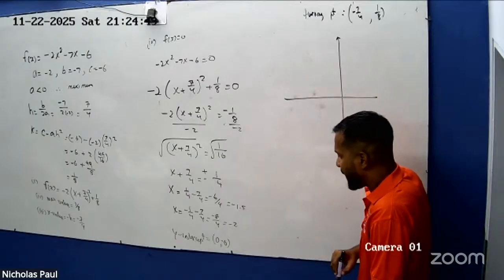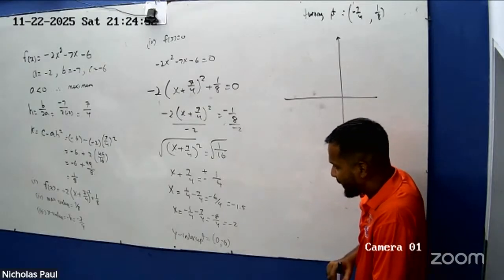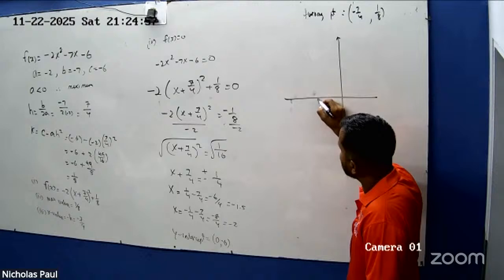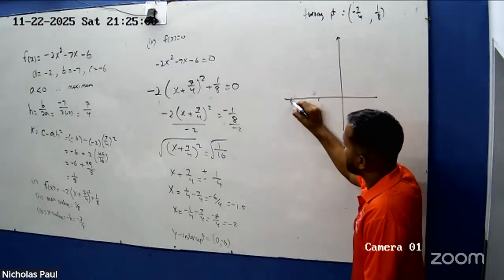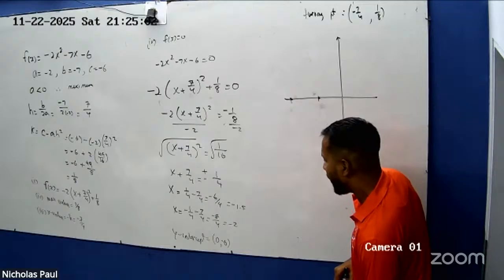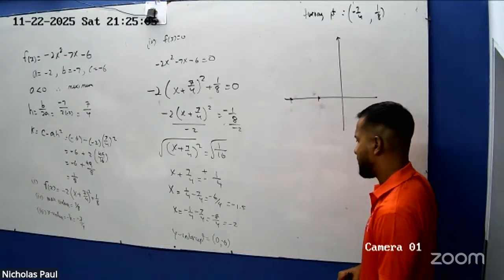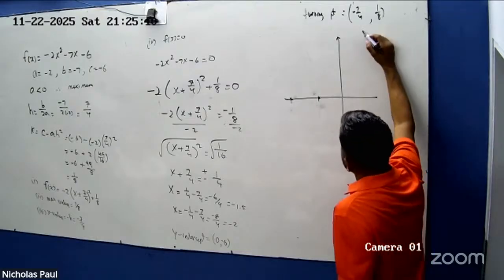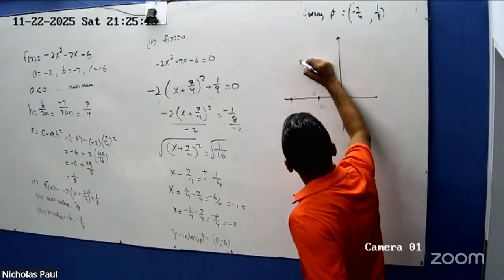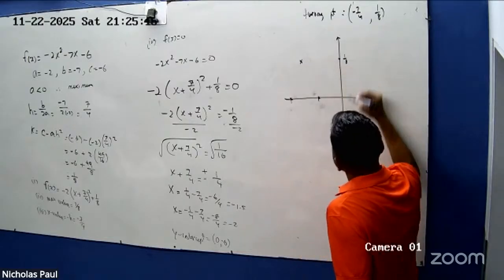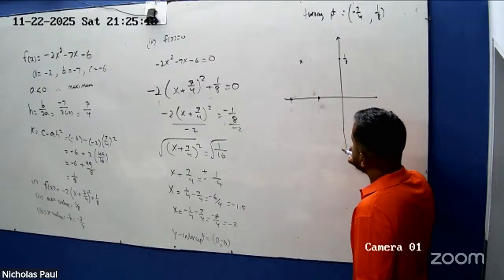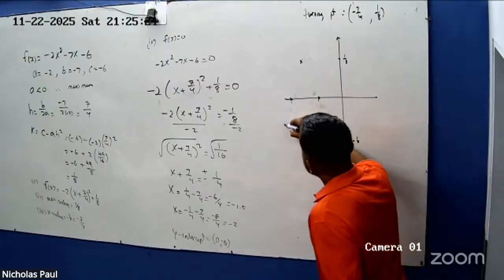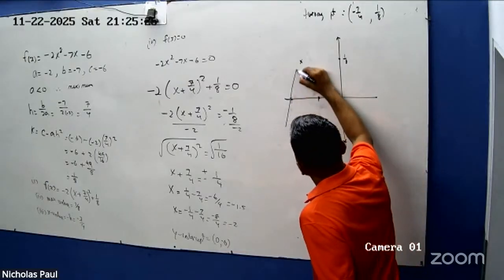Our x-intercepts are minus 2 and minus 1.5. That's our x-intercepts. Our turning point, minus 7/4, is somewhere in the middle here. Positive 1/8, so that's 1/8 there. And the y-intercept is somewhere down here. That is minus 6. So your shape will look something like this.